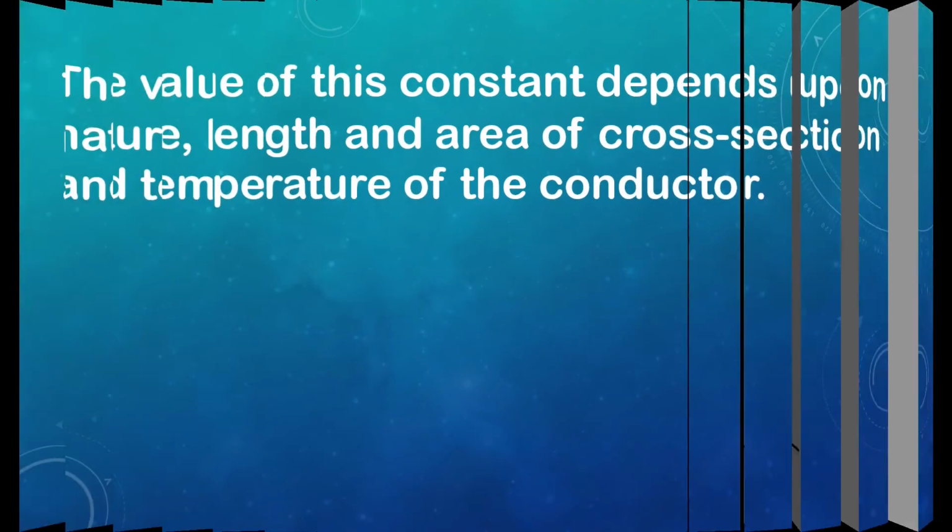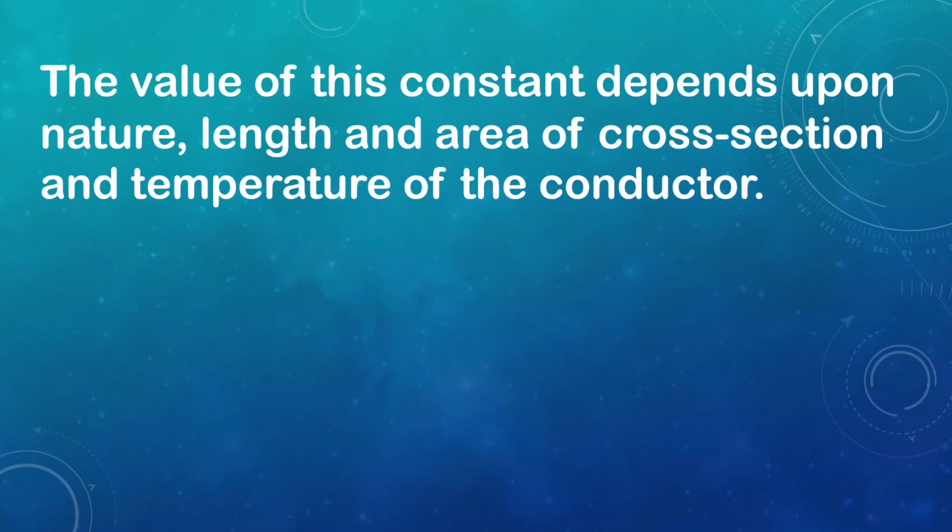Well, the value of this constant depends upon the nature, length, area of cross section and temperature of the conductor. By nature, I mean the material of that conductor, then the length of that conductor, the cross section of that conductor, and temperature. As all these things vary, the constant will vary accordingly.